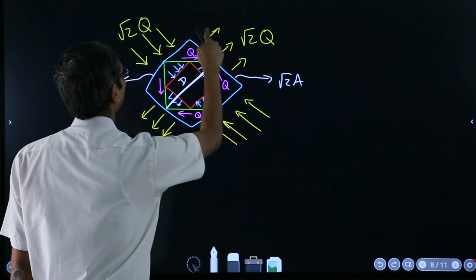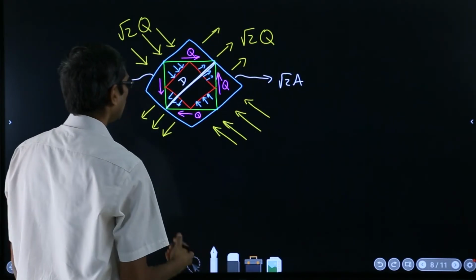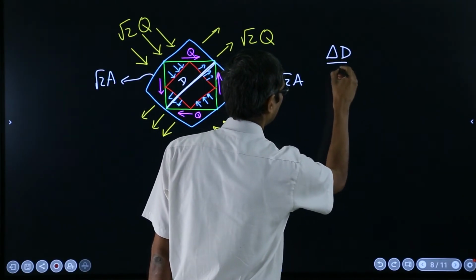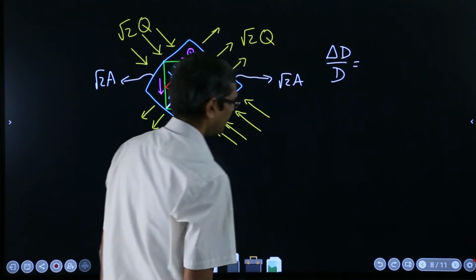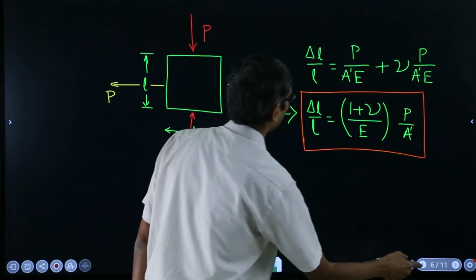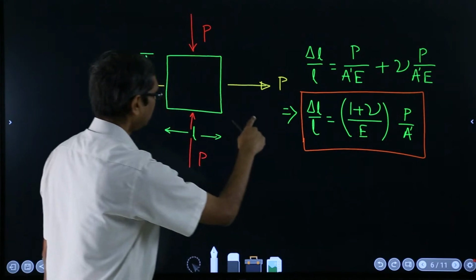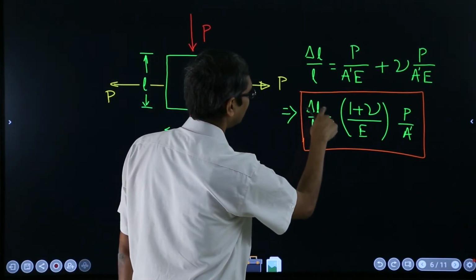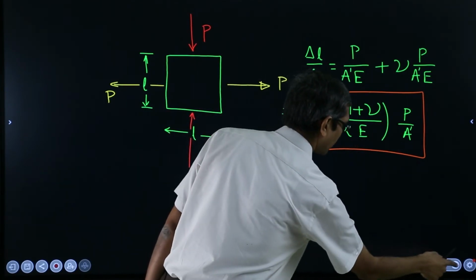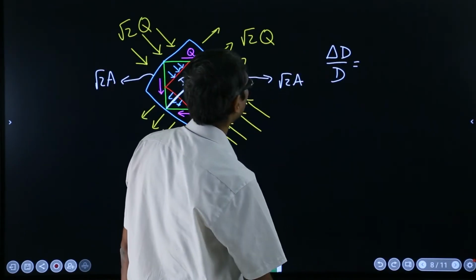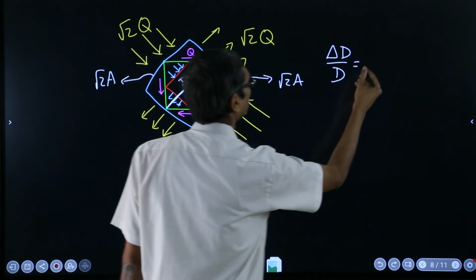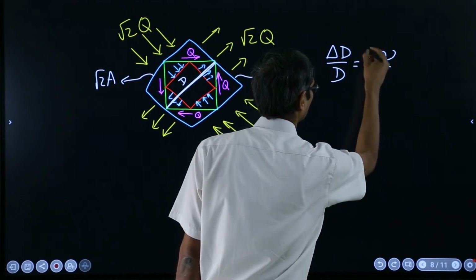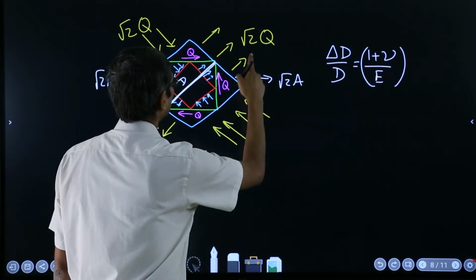Now under these kind of loading, what would be the value of delta d over d? This we can now directly write from the first argument which we had done. Under such a loading condition, you have delta L by L as this. So that means here we will have 1 plus nu over E times Q over A.